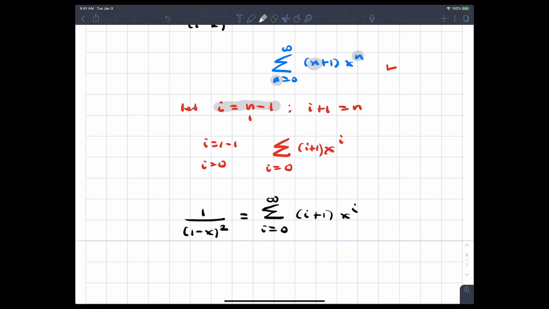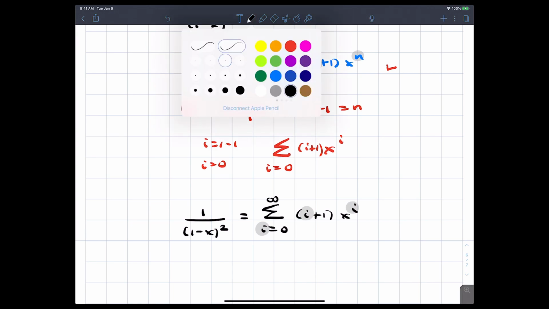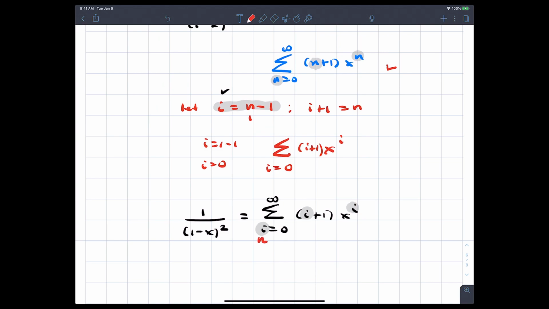It doesn't really matter if the letter is i, k, j, or n. They're all interchangeable at this point. Don't try to interchange them up here, when you start working with that. But once you get a representation here, it's okay to go back and say, you know what, I'm going to call you n. And that's what the book did. So the book says, okay, instead of i, let's change you back to the n. And now you get the consistent version over here for what the book says is your representation.